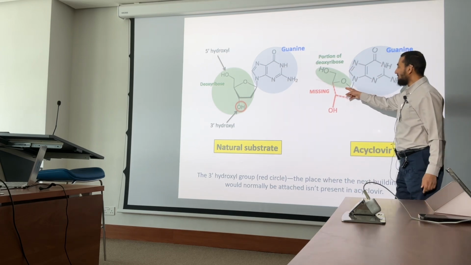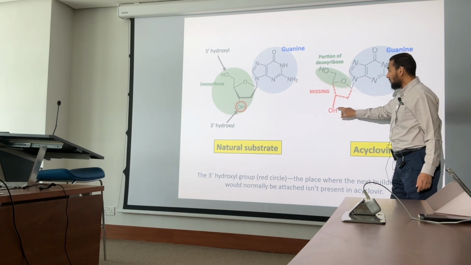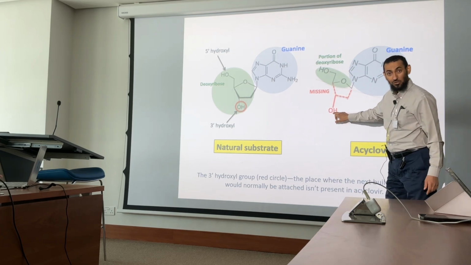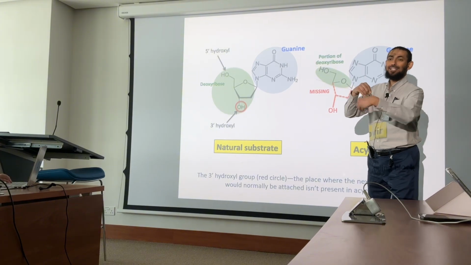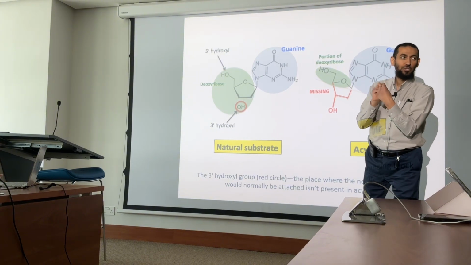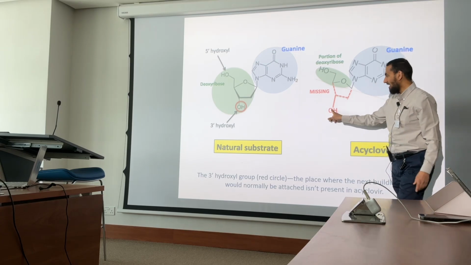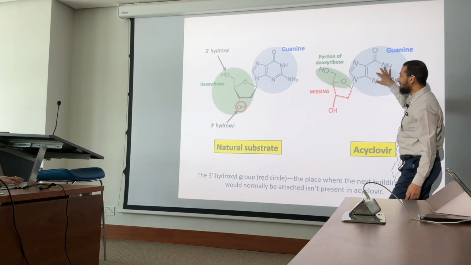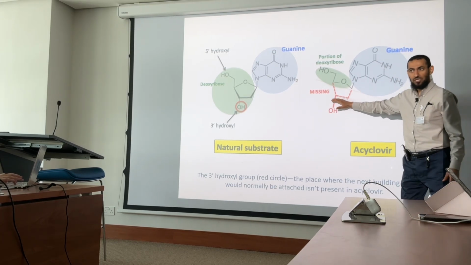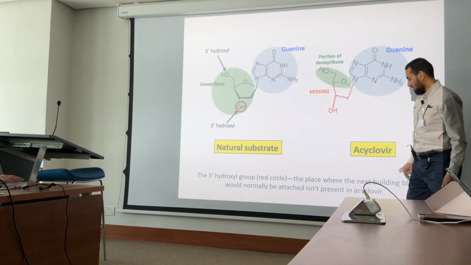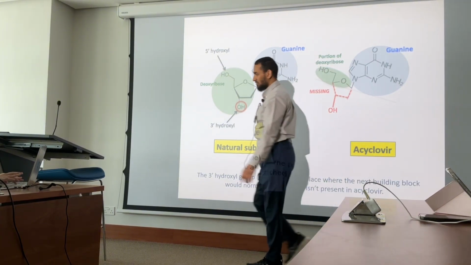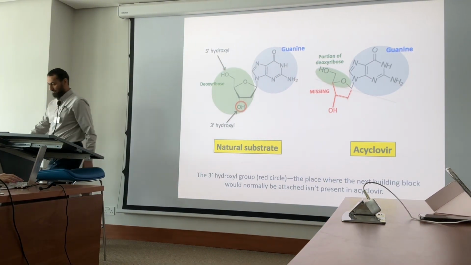We just remove the sugar residue, which contains the hydroxyl group, which is the area that the next nucleotide attaches to, forming the phosphodiester bond. We put the same thing, but remove just the sugar with the hydroxyl group. This is the acyclovir, and this is the natural substrate.